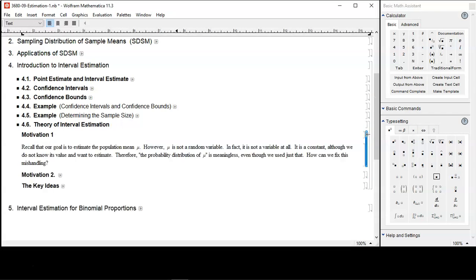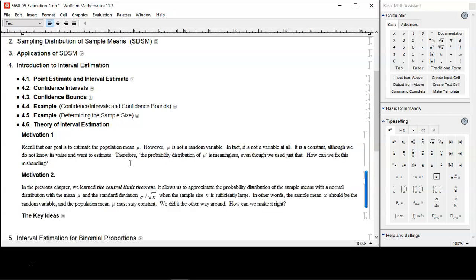And I explained those through motivation 1 and motivation 2. Motivation 1, mu is not a random variable. It doesn't move around, but look at the previous picture. It looks like mu is moving around and you have a probability distribution around x bar. Something is wrong.